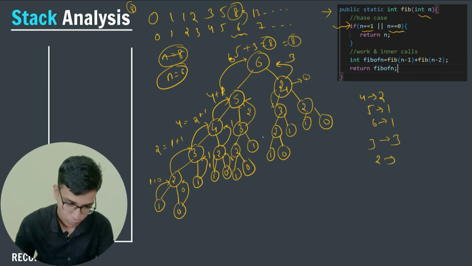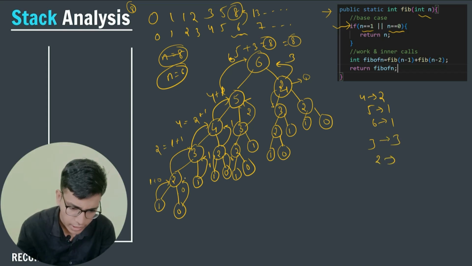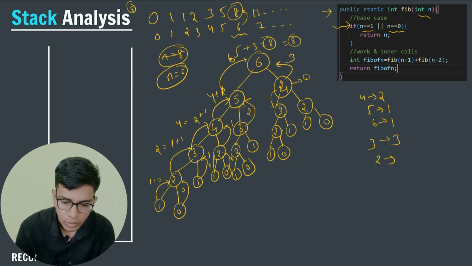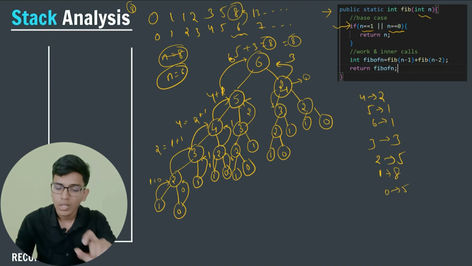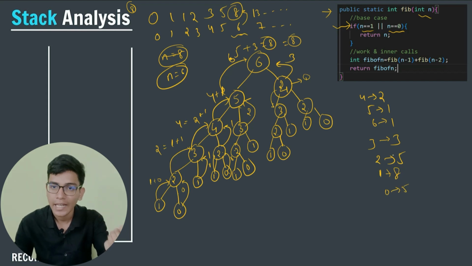After 2, how many times? 1 2 3 4 5. 2, 5 times. After 1, like 1 2 3 4 5 6 7 8, 8 times, and 0, 5 times. So I am calling the same value again and again.